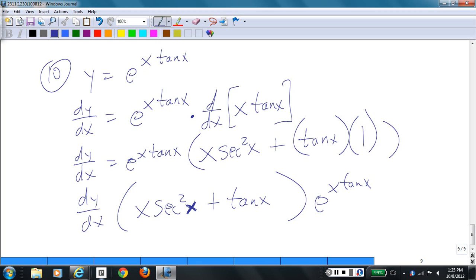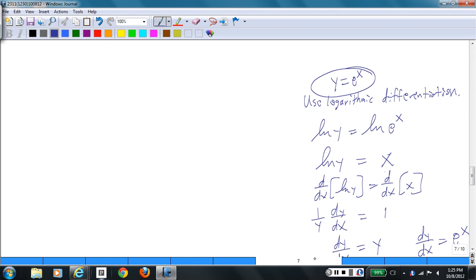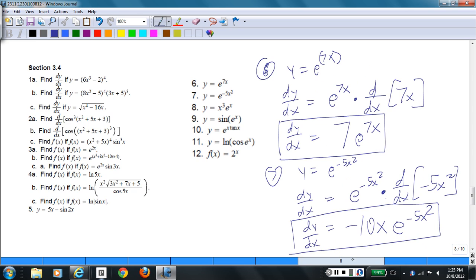And I guess if we didn't find the derivative of e to the x, we probably didn't find the derivative of 2 to the x either. Can you find the derivative of 2 to the x? This would have been problem 12.